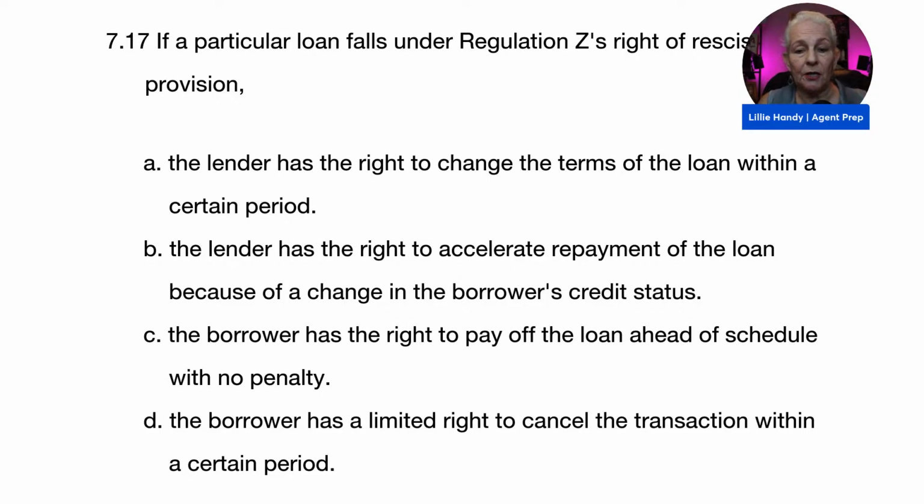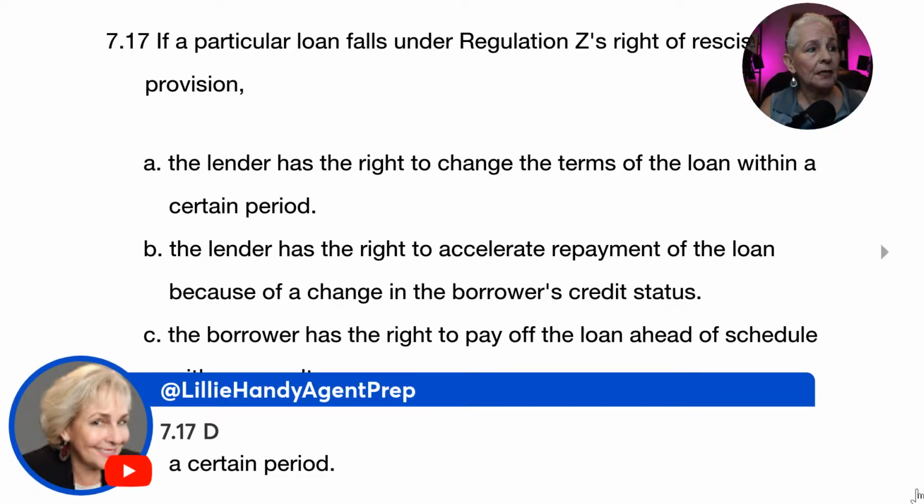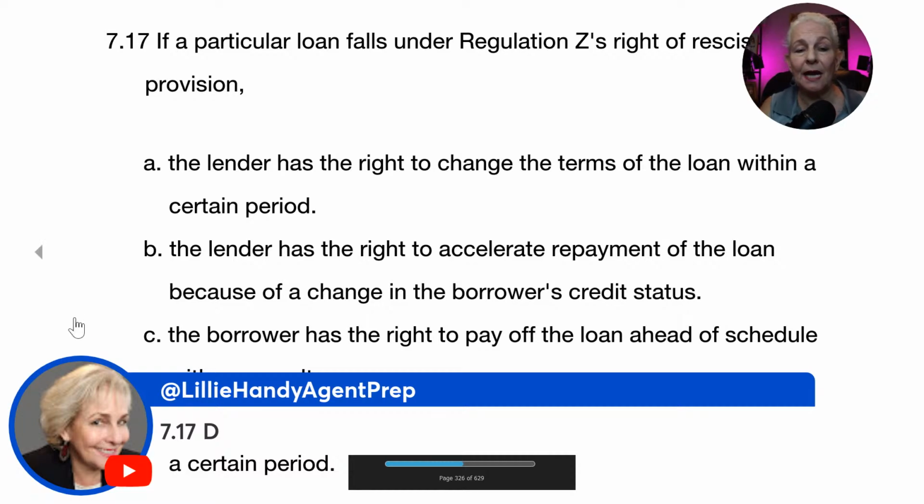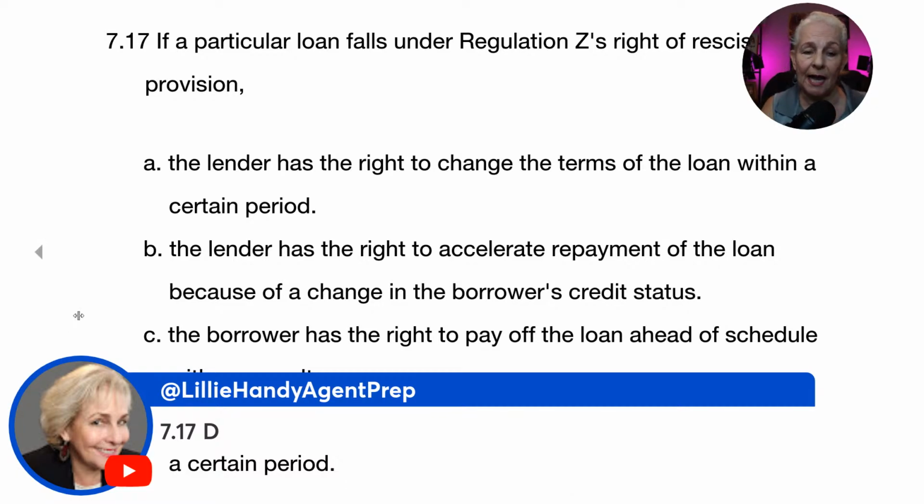The answer here is 7.17D. The borrower has a limited time to cancel the transaction within a certain period. So a borrower has a limited time to cancel the credit transaction, usually within 3 days of completion of the transaction. The right of rescission does not apply to residential mortgage transactions, that is, to mortgage loans used to finance the purchase or construction of a borrower's primary residence.